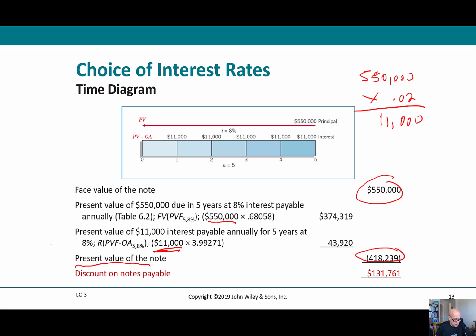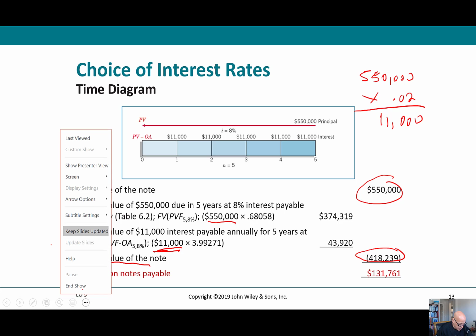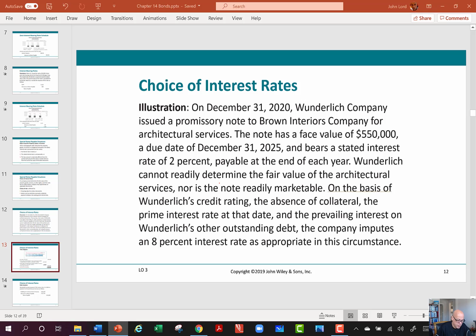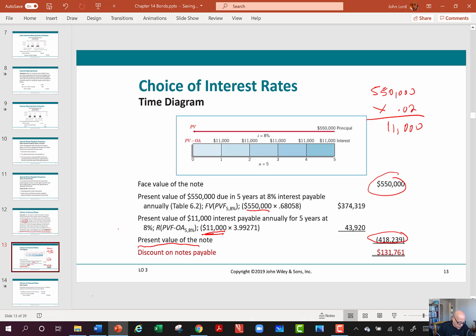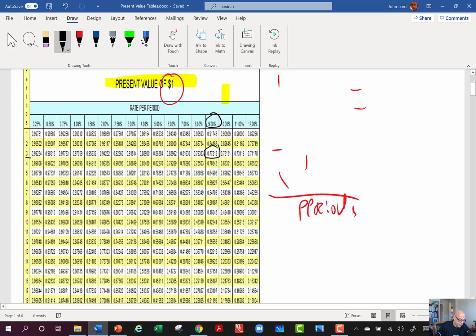Now, what we need to do is discount those at the 8% rate, and it was a 5-year note. So, once again, I have to go through this process of getting out a slideshow, and then I'm going to take a look at my present value tables.